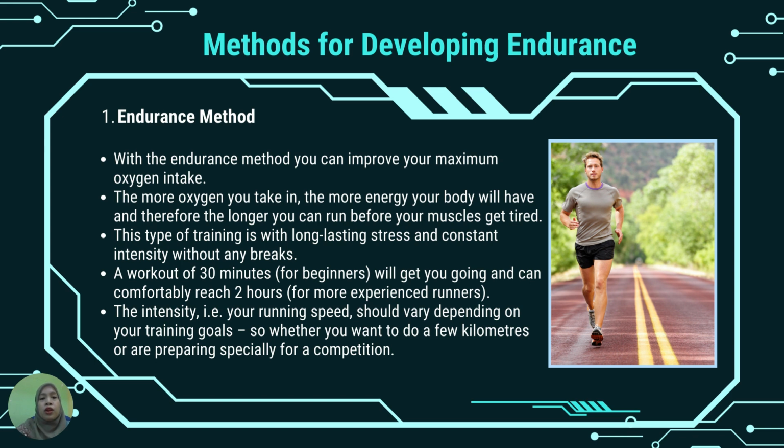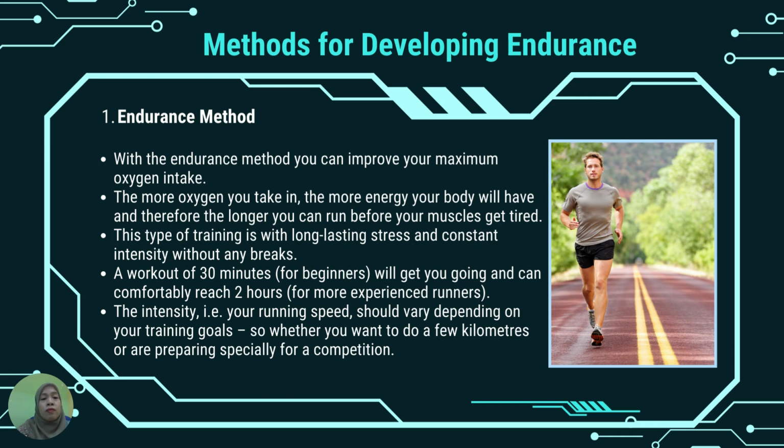The methods for developing endurance: there are four, so let me explain one by one. Well, the first one is the endurance method. You can improve your maximum oxygen intake. The more oxygen you take in, the more energy your body will have, and therefore the longer you can run before your muscles get tired. This type of training is with long-lasting stress and constant intensity without any break.